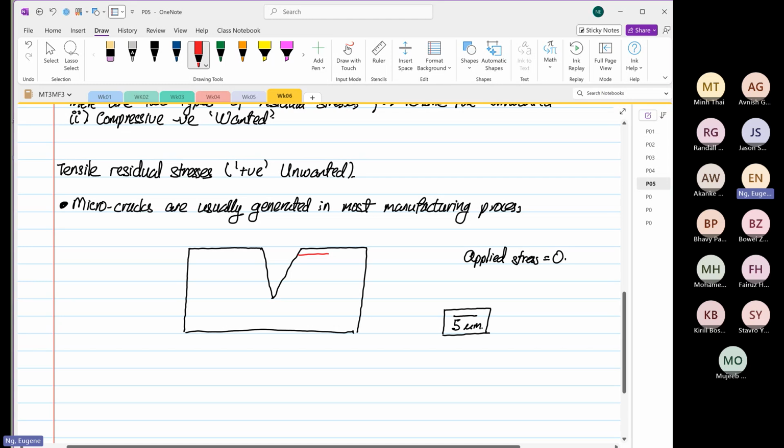Okay. So in tensile residual stresses, it looks like this. The longer the arrow means the higher the value. So I would say the longer the arrow, the higher the residual stresses.